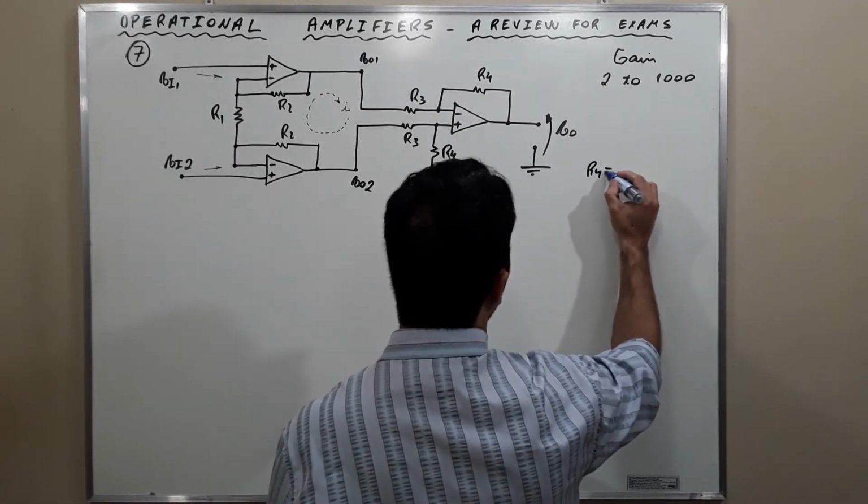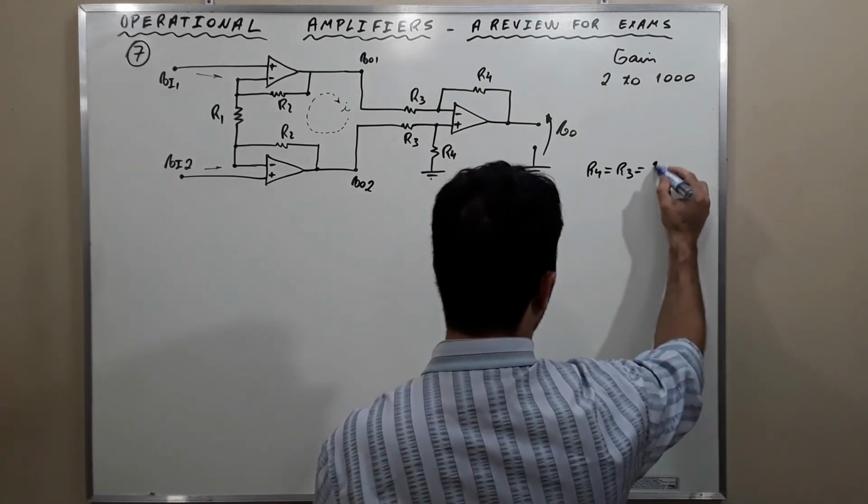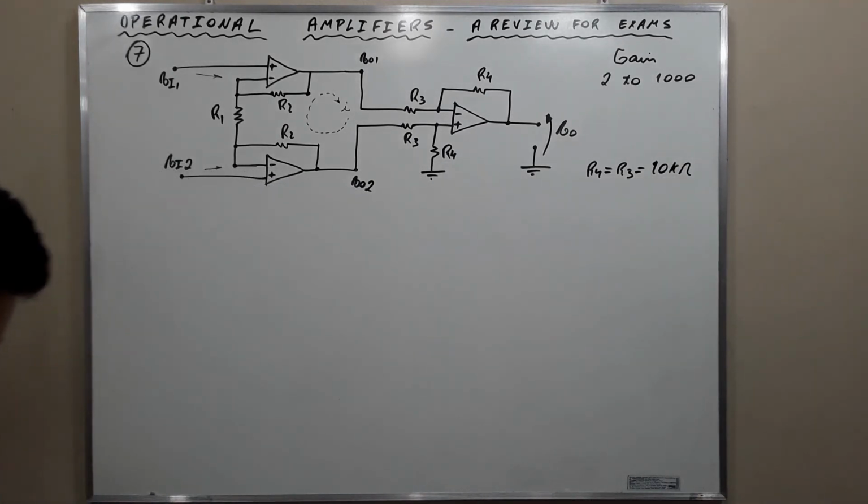R4 will be equal to R3, which will be equal to 10 kilo ohms. Secondly, we are faced with the problem of designing the first stage to realize a gain between 2 and 1000. To accomplish this, we shall replace resistor R1 by the series combination between R1F and R1V, in which R1F is fixed and R1V is variable.